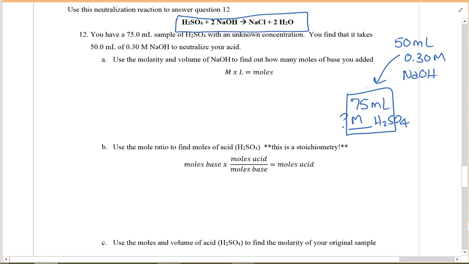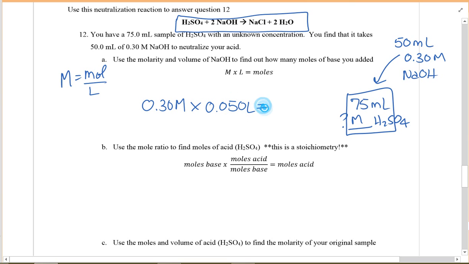So first step is to find the moles of base that I added. Since molarity is moles per liter, we can rearrange that and say molarity times liters equals moles. My molarity of sodium hydroxide is 0.3, and my liters is 0.05.